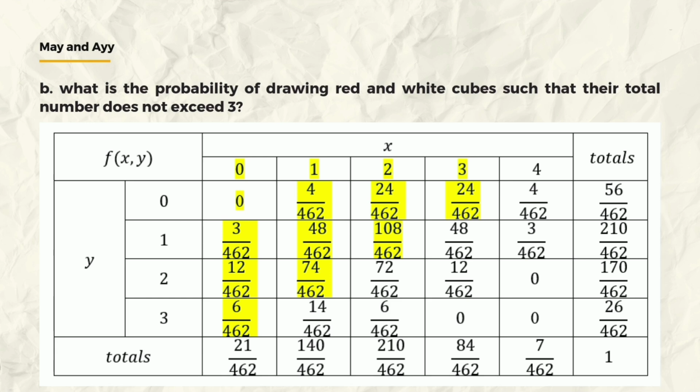And back to the question: what is the probability of drawing red and white cubes such that their total number does not exceed 3? You can see the yellow mark here. Then we only need to sum all of the yellow marks, because it means that the red and white cubes do not exceed 3.